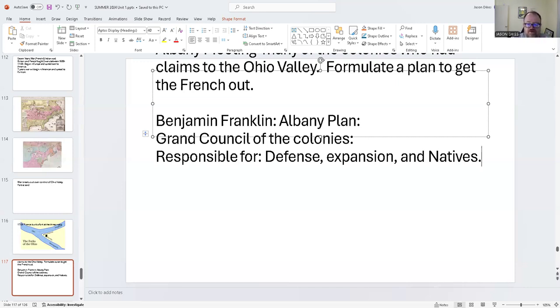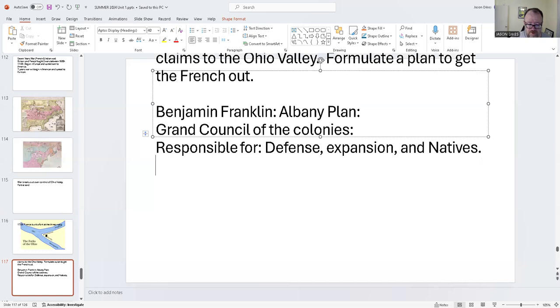Because defense, expansion, and natives are something that all the colonies have to deal with to some extent or another, except probably for a few of the Atlantic seaboard, probably Massachusetts. No, I think maybe Massachusetts might be the only one. The other colonies still had natives to some extent in them.